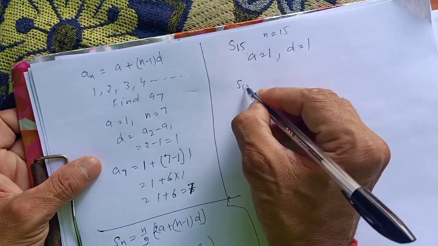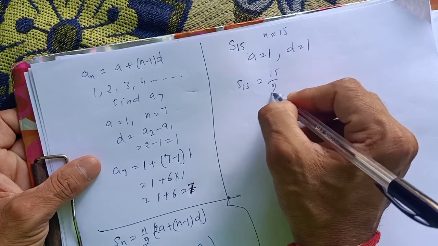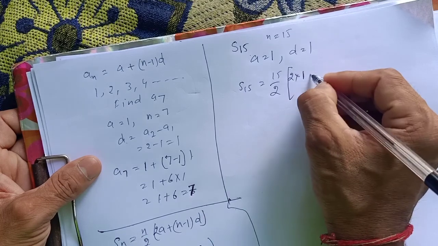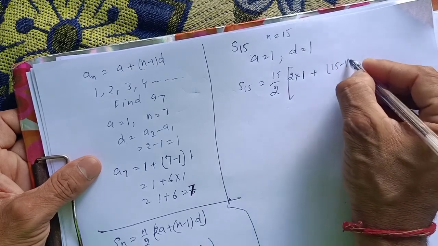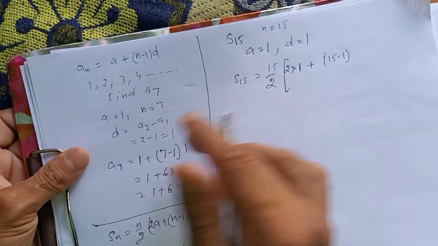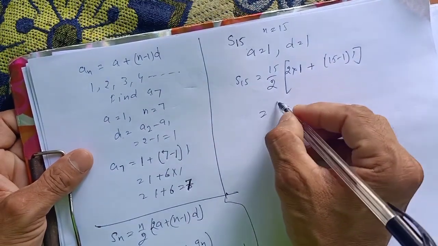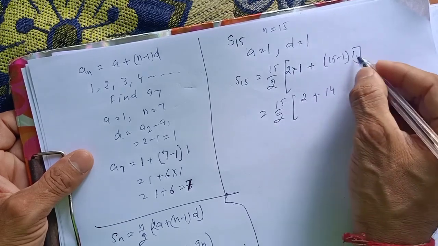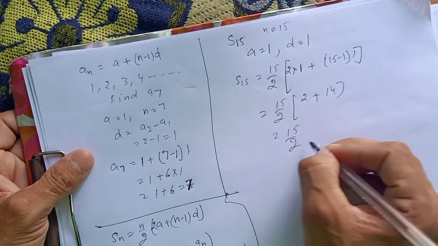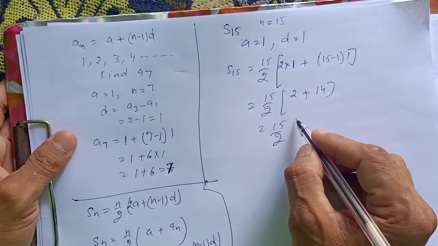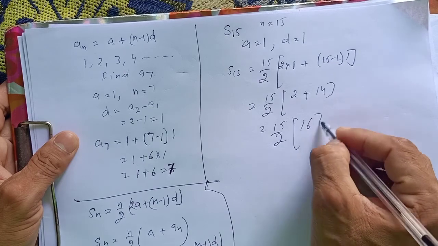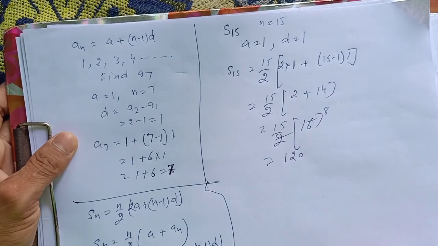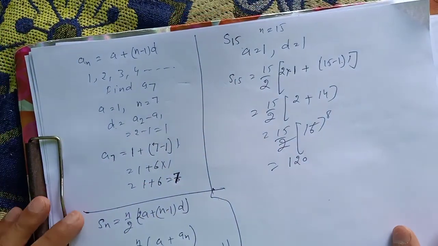Now S15 equal to 15 by 2, 2 into a is 1, plus 15 minus 1 into d is again 1. 15 by 2, 2 plus 14 into 1, 14. 15 by 2, 16, 2 into 8, 15 into 8, equal to 120.